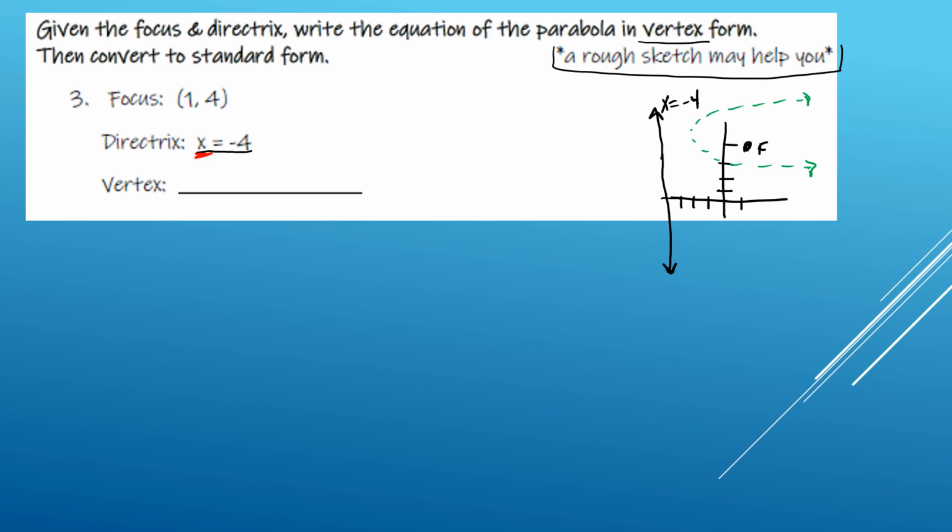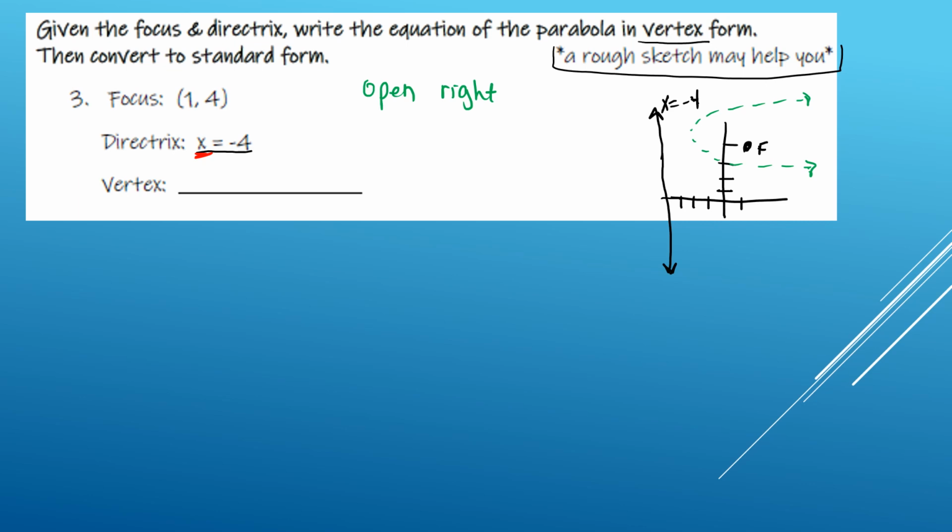But if the focus has to be inside the parabola and the directrix has to be outside the parabola, then my vertex has got to be right smack dab in the middle of those guys, and it needs to open to the right so that I can include that focus on the interior of the parabola.